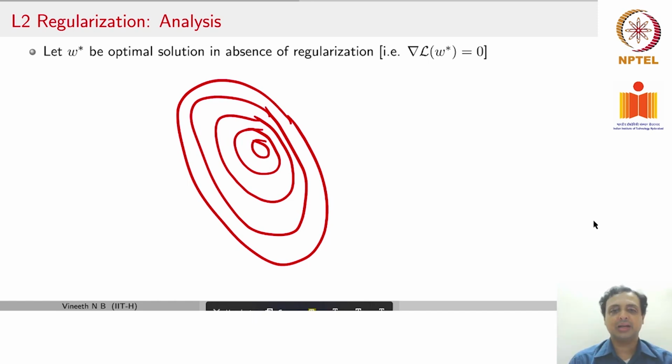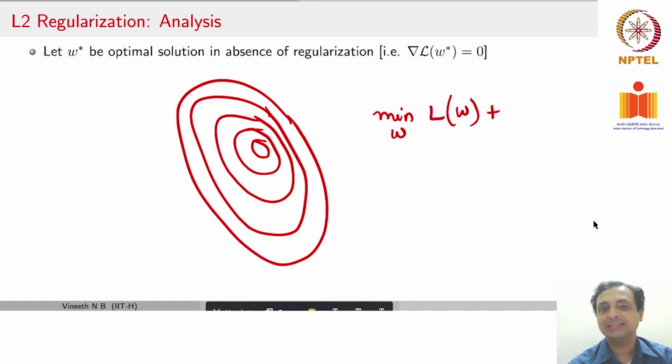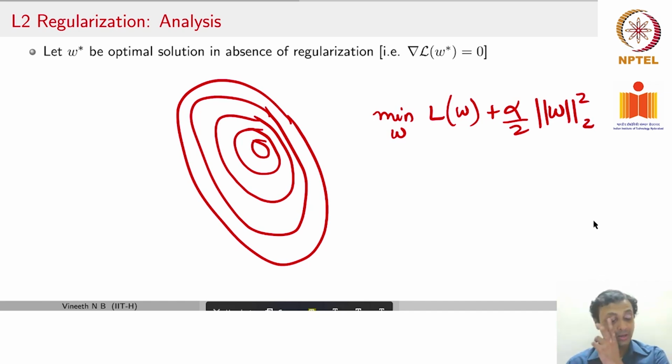So when we add the regularizer, what are we doing? We are now saying you want to minimize over the set of weights your loss with respect to the weights, as well as some constant times your 2 norm of the weights, or 1 norm of the weights in certain cases, 2 norm of your weight square.